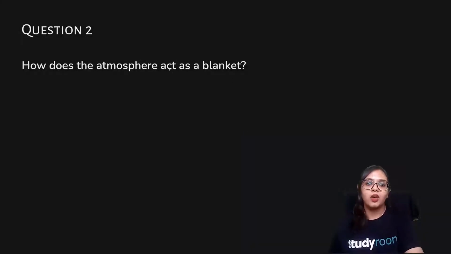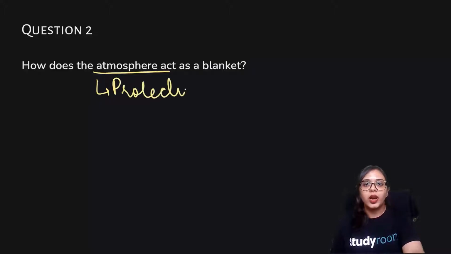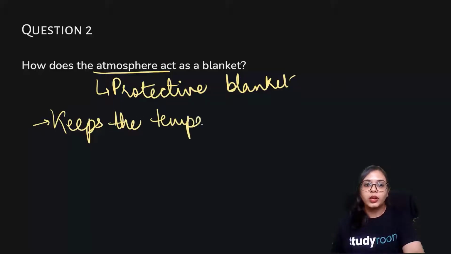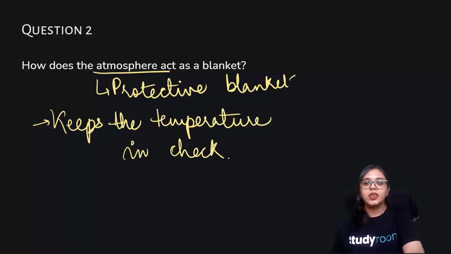Then you have, how does the atmosphere act as a blanket? So we have already seen that this atmosphere acts as a protective blanket. All right. Why? Because it keeps the temperature in check. And how does it keep the temperature in check? During the daytime, it prevents the temperature from rising very abnormally, and during the night time, it prevents the planet from getting cold by keeping some warm air present inside our atmosphere.